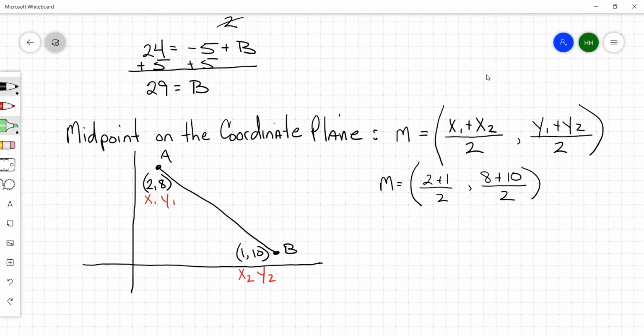So my midpoint is going to be located at 2 plus 1 is 3 divided by 2, 1.5. 8 plus 10, 18 divided by 2, 9. There's my midpoint. So right in here, my M would be at, well, that doesn't look right, does it?